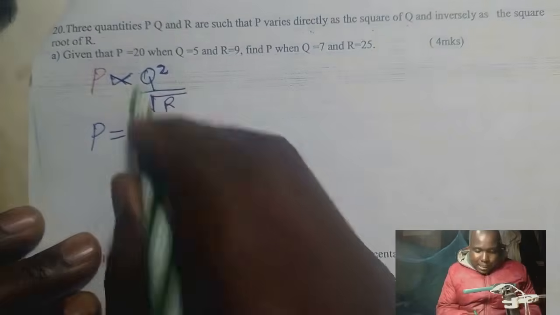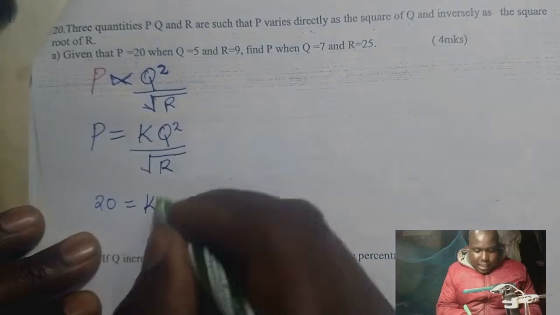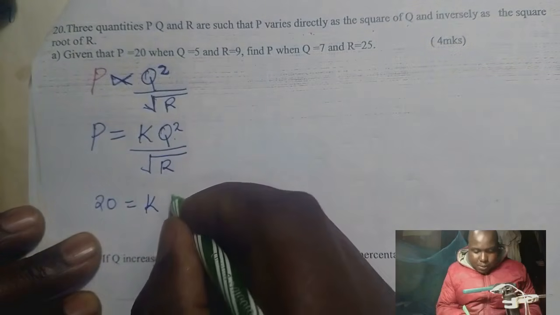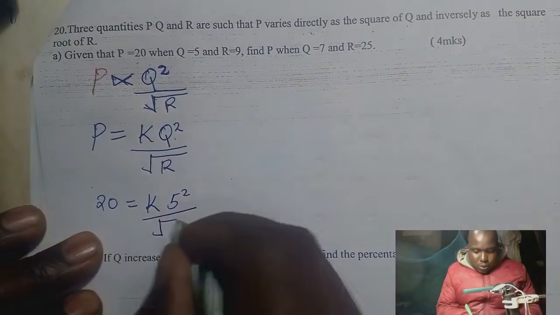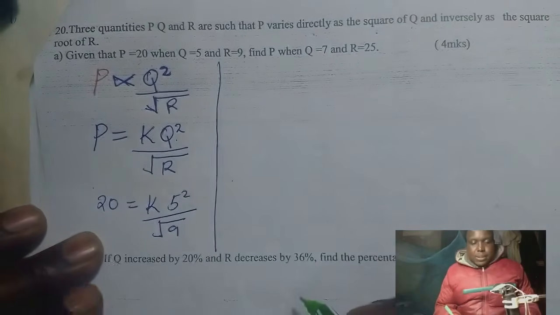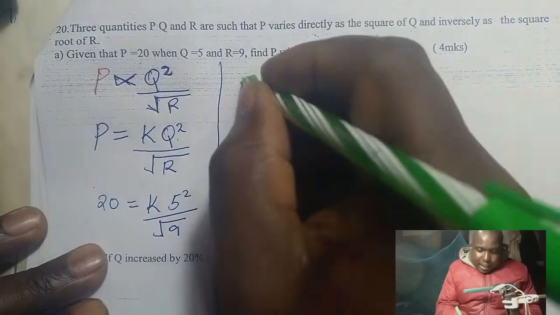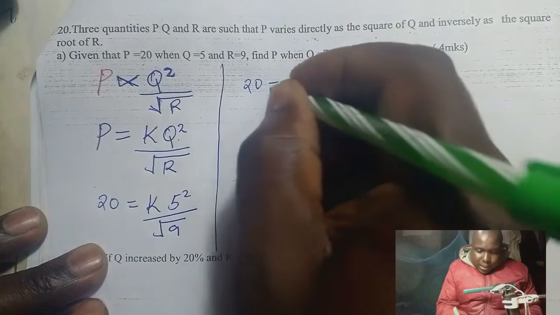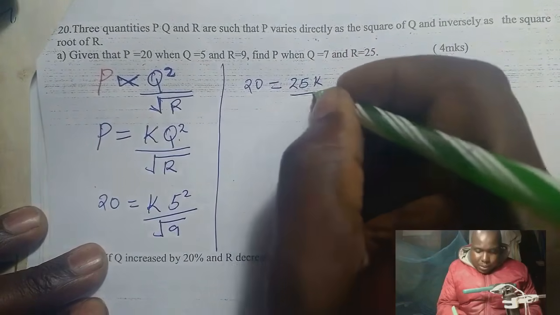So when P is 20, Q will be 5 squared divided by the square root of 9. So that means 20 is equal to 25k divided by 3.